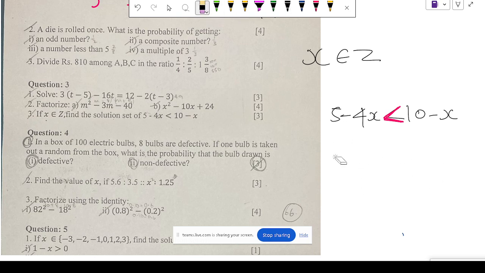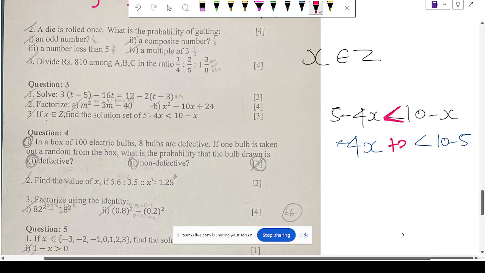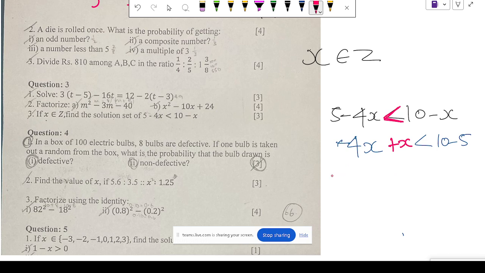Now explain this, Kia. Yes, sir. 5 will move to the right side and x will move to the left. So minus 4x plus x. Now when we do it, it will be minus 3x is lesser than 5.